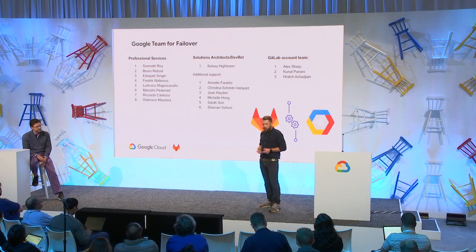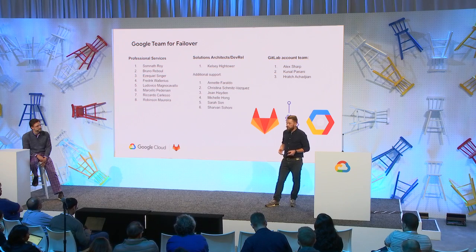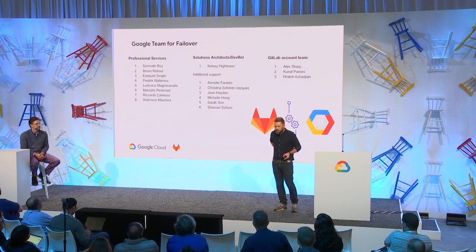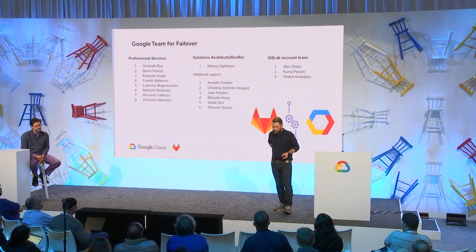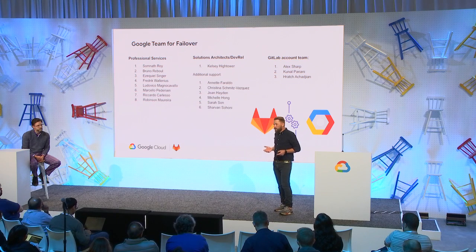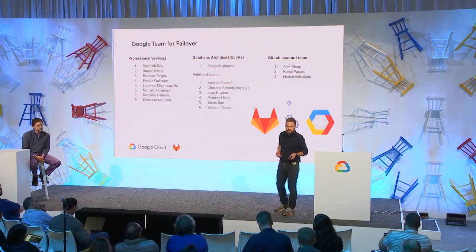So Google assembled an amazing team of people to support us on the day. And we knew they'd be available if we needed any assistance. Luckily, the failover went really smoothly, and we didn't experience any major problems. On the Monday following the failover, as traffic started rising on the site, we started seeing some performance issues.